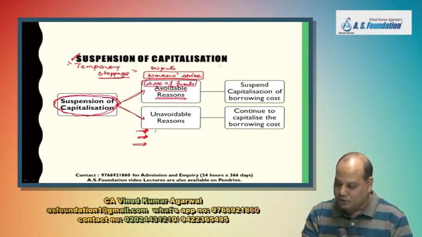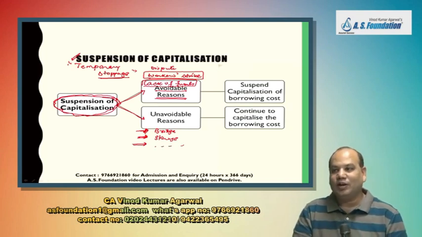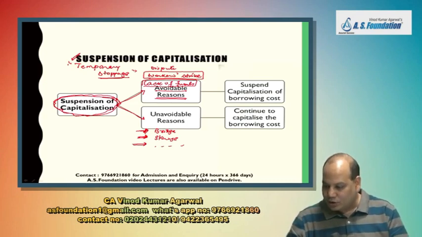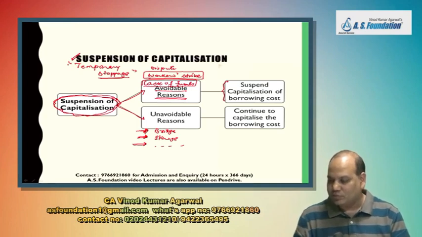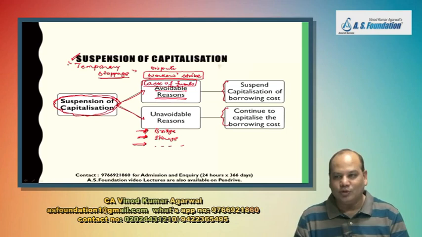So construction of a bridge on a river, water level going up, storage for wine, some days you have to just keep the building as it is because that is the process in construction. If it is avoidable, you will suspend the capitalization of borrowing cost. But if it is unavoidable, then you will continue to capitalize the borrowing cost.